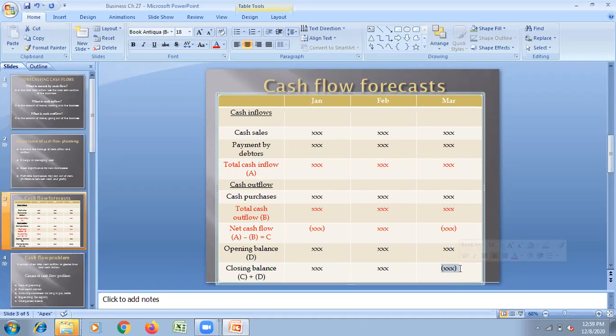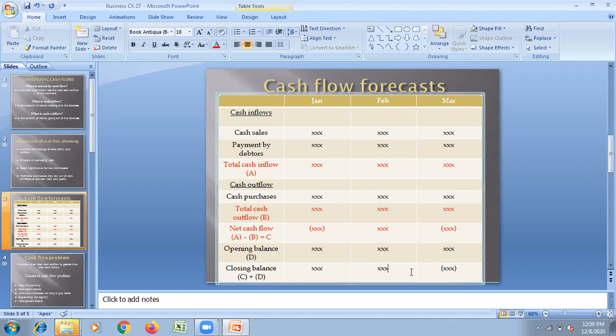It means the business is not having enough cash to meet its daily expenses. In the other two months there is a positive cash balance. It means after paying cash outflows or expenses, they still have some positive cash available, so this is not a cash flow problem. All right.